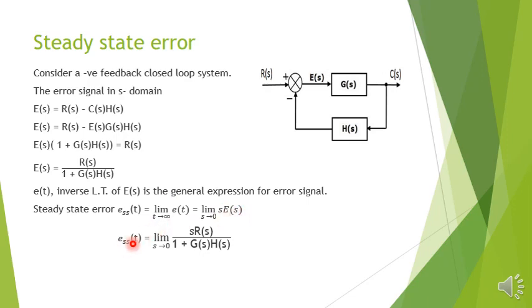So ESS is equal to limit as s tends to 0, s into, what is E of s? R of s by 1 plus G of s. So limit as s tends to 0, s R of s divided by 1 plus G of s, H of s. This is the steady state error.